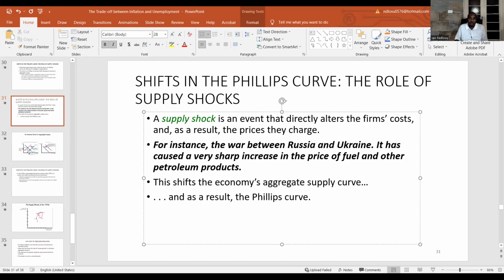Prior to the war between Russia and Ukraine, fuel in Zimbabwe used to be between $1.30 and $1.40 per liter.